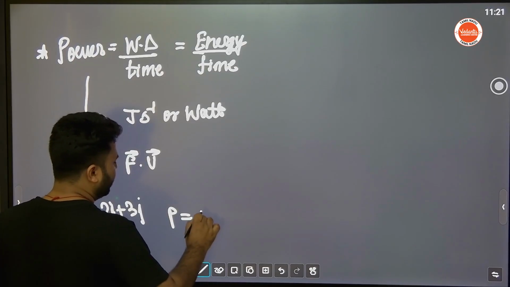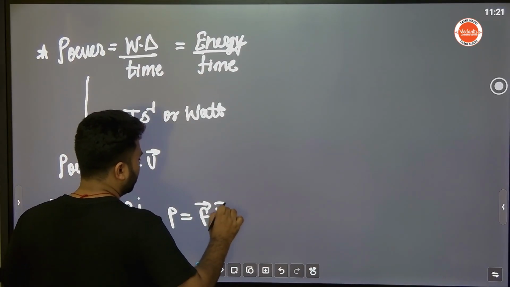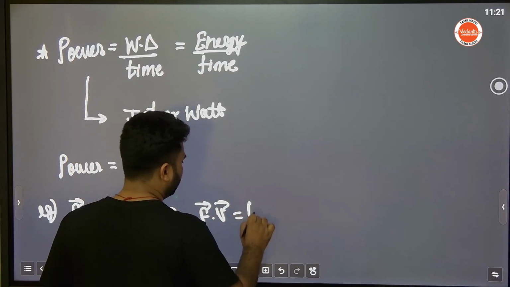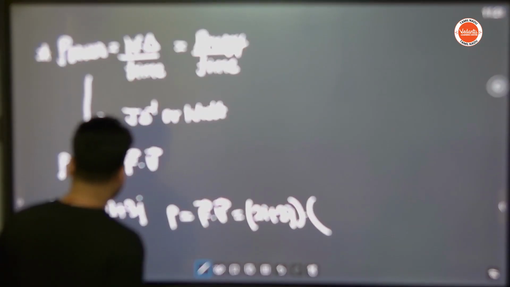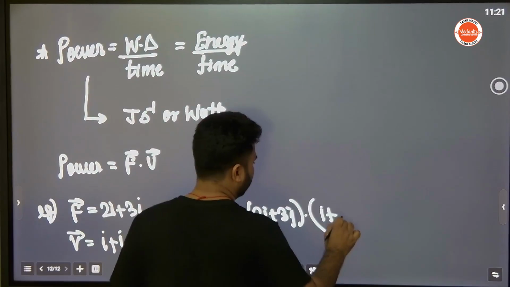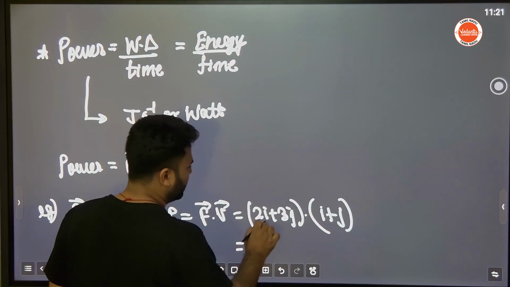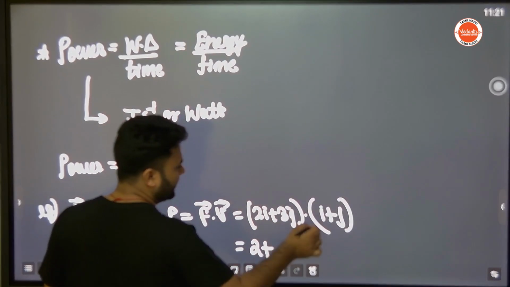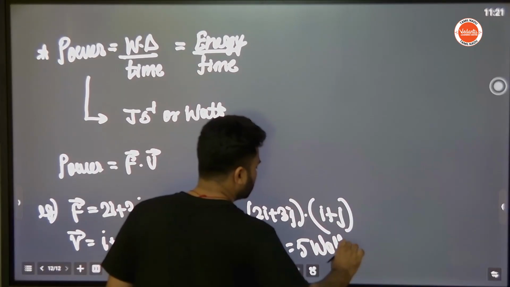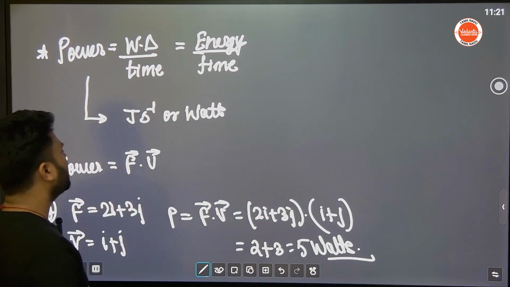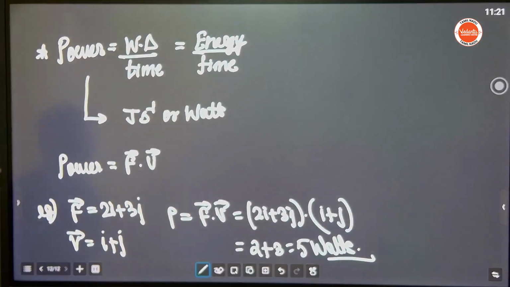So power you will write F dot V. So do the dot product: 2i plus 3j dot i plus j. So it will come 2 into 1, 2, plus 3 into 1, 3, 5 watt. Correct.